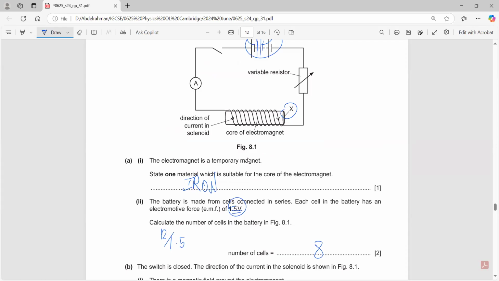That's a very difficult process, but basically using your right hand rule grip, the north pole would be at X. I don't want you to fixate on how we did it for now. Maybe we can explain it further later, but for now it's using the right hand rule grip. Okay, north pole.